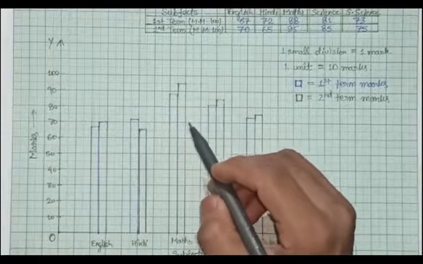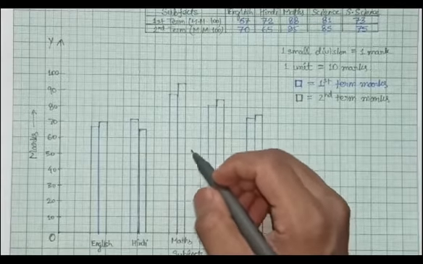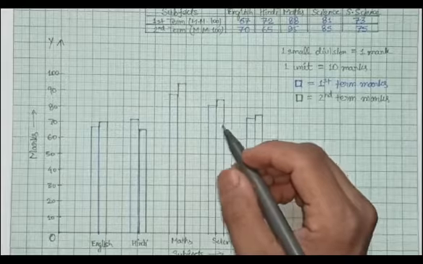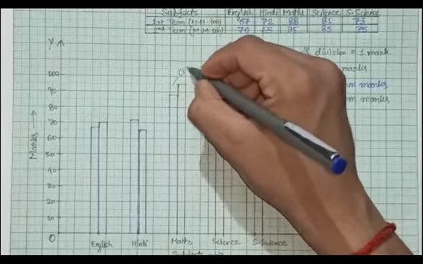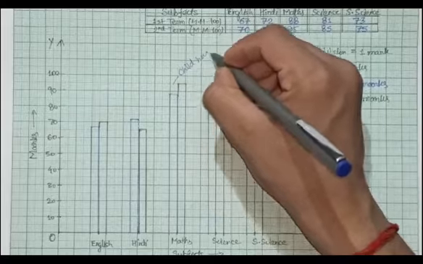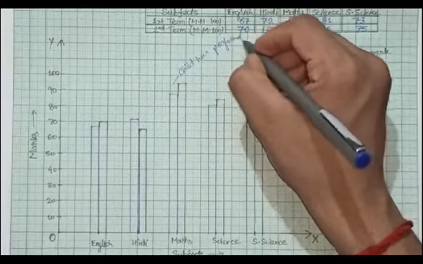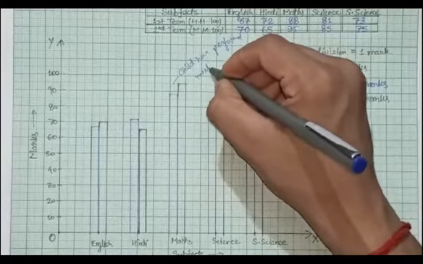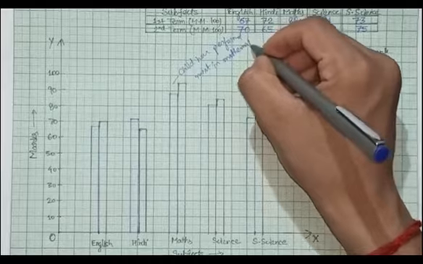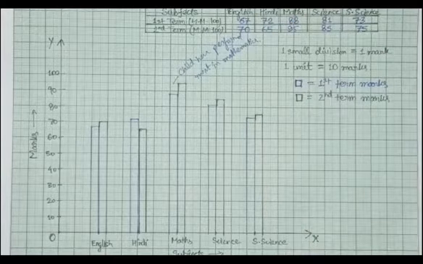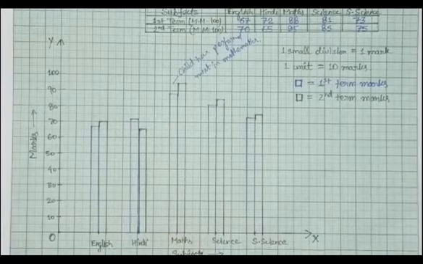That's why we can say that the child has improved his performance most in mathematics. So we can say that child has performed most in mathematics. Why? Because the difference in height of these two bars is maximum.